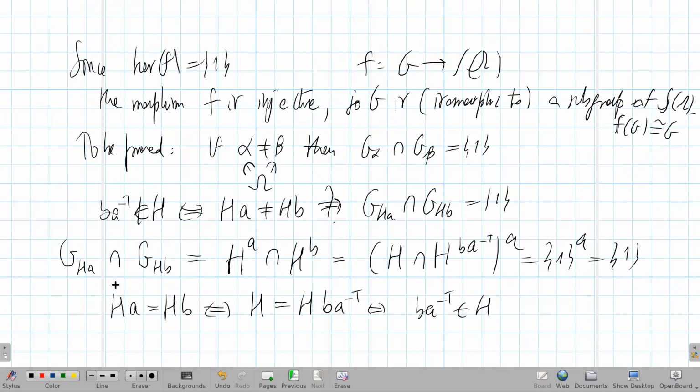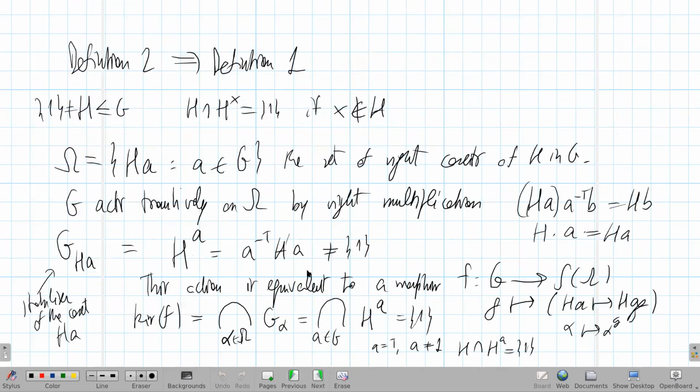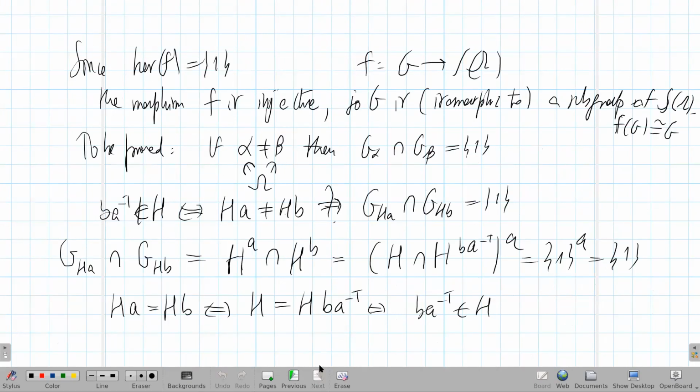So what we obtain is that if you have two different elements of omega, which is the set of right cosets, then the intersection of the two stabilizers is trivial, just by invoking the previous axiom. Good.